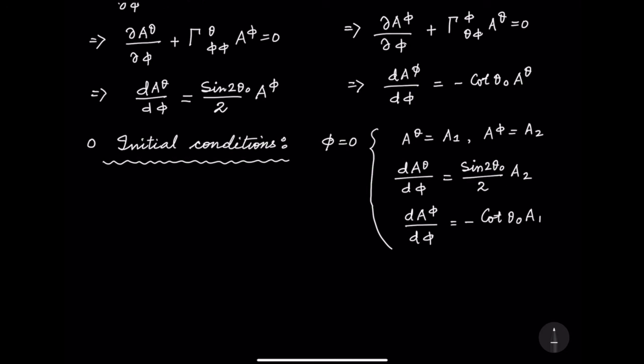A theta, and remember that we are figuring this out as a function of phi, is a1. Previously we had cos phi, but now because of these two factors, sine 2 theta naught and cot theta naught, we will have cos of some alpha phi. I will tell you what alpha is.